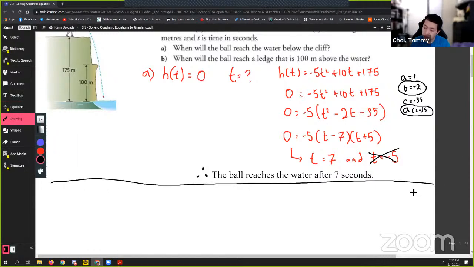But the way you solve it is exactly the same, with just one extra step, which is not overly difficult. So here, for question B, the height above the water that the question has given us is 100 meters. Right? So h of t is 100. The height is 100 meters. So we're still trying to figure out when, which is time. Okay? So our equation stays the same.